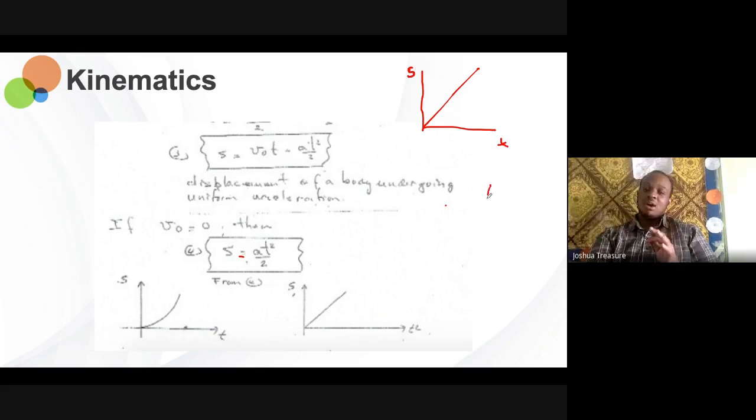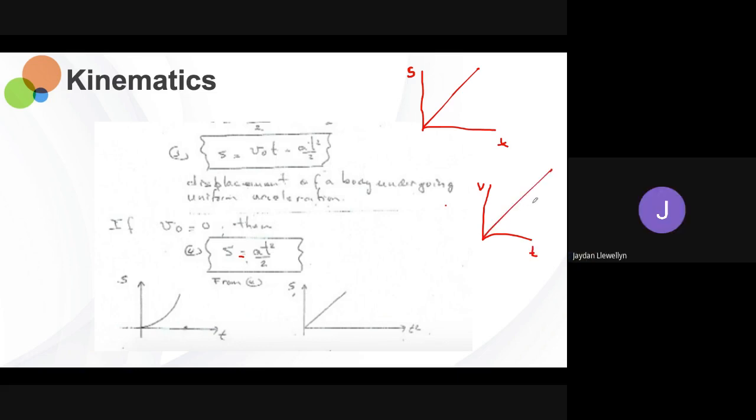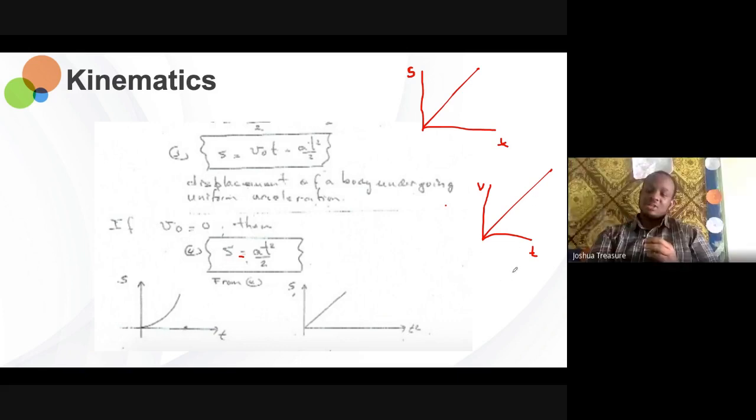But on a velocity time graph, the straight line means what? Acceleration. Right, this is acceleration and this is your velocity.